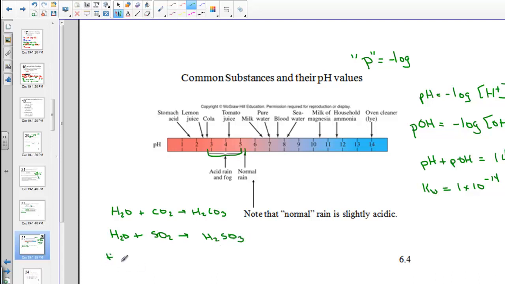Or if water absorbs nitrous oxides, NO2, we're going to form an acid, HNO3. These gases are either naturally occurring in the atmosphere, like carbon dioxide, or placed into the atmosphere by industry, and these are the sources of acid rain.